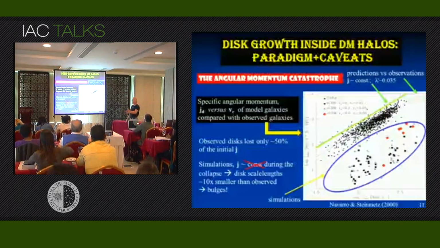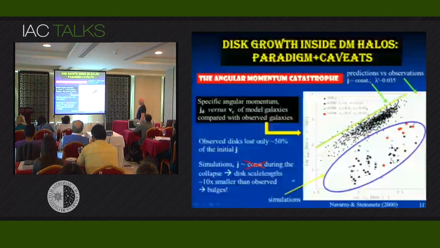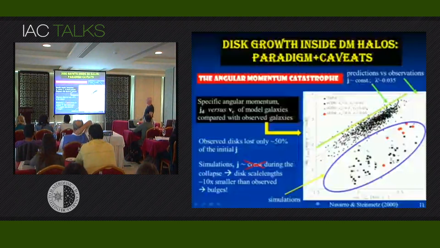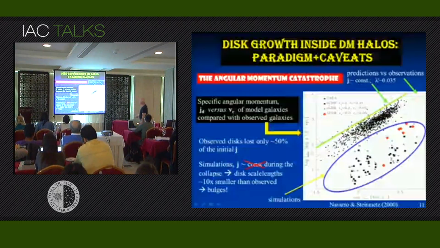So let's check again this angular momentum catastrophe. Now, theory versus observations versus numerical simulations. What we have here is the specific angular momentum of the disk versus the log of rotational velocity. The simulations are here. The theoretical prediction that baryons collapse with constant specific angular momentum is this line.